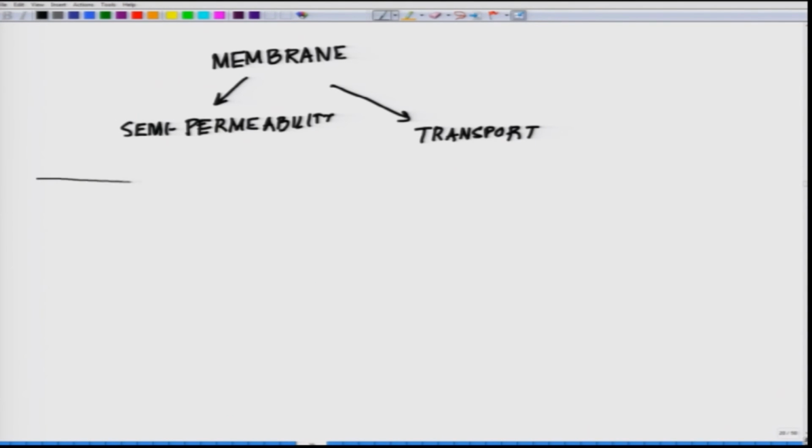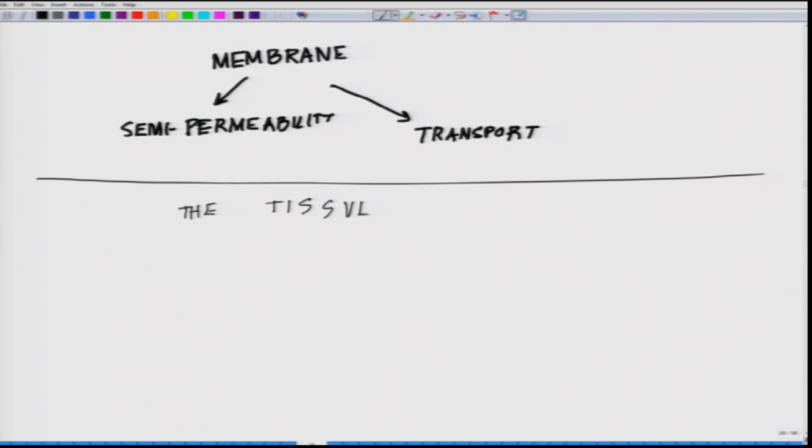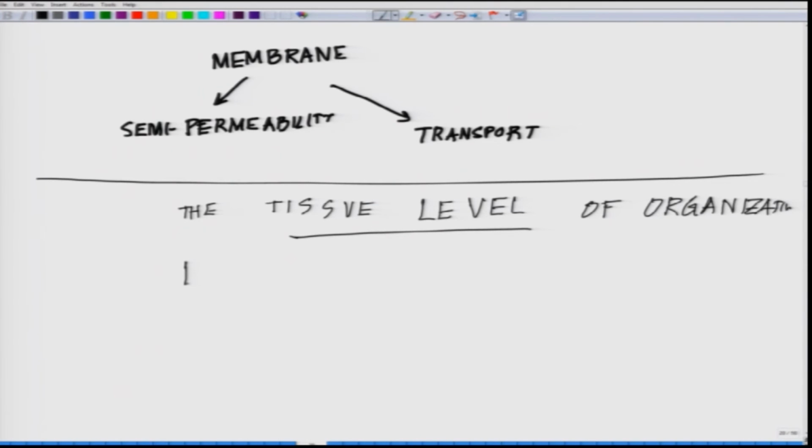And if this is the cellular level of organization, the last and final level of organization I wish to highlight here is that these cells form different kinds of tissues, which is the tissue level of organization. At the tissue level, there are 4 different kinds of tissues we deal with mostly.